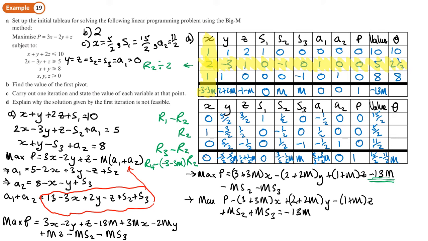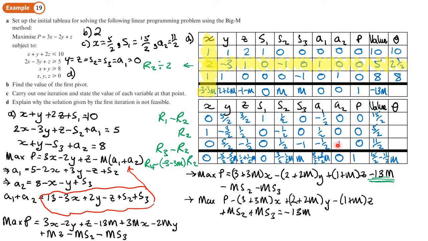And then the last part, part D, asks us to explain why the solution given by the first iteration is not feasible. Now remember, the whole point of this big M method is to make the value of the artificial variables equal to 0.